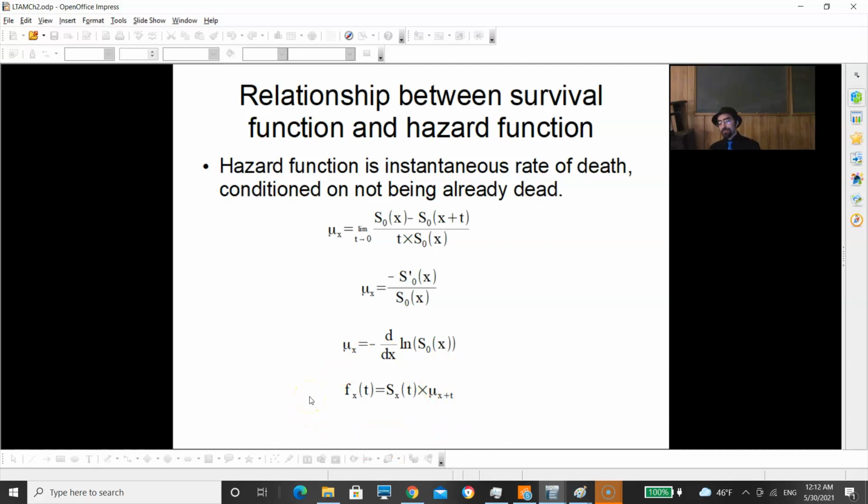Probability density is probability of surviving up until that point, and then dying shortly afterward, right? So probability density of dying at some time t, you have to survive until then, and then die. So you get f sub x of t equals s sub x of t times mu sub x plus t. Right? That x plus t is because that is the age you would need to be to die at that particular point in time.